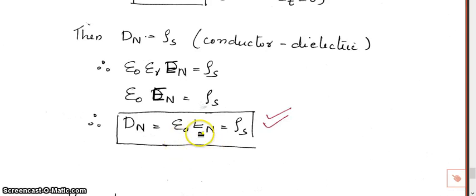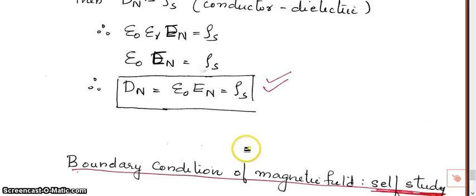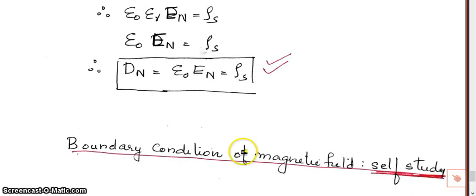So from that, En is equal to rho s by epsilon 0. So that is the condition of Dn across the free space conductor boundary. That's all under this particular section.